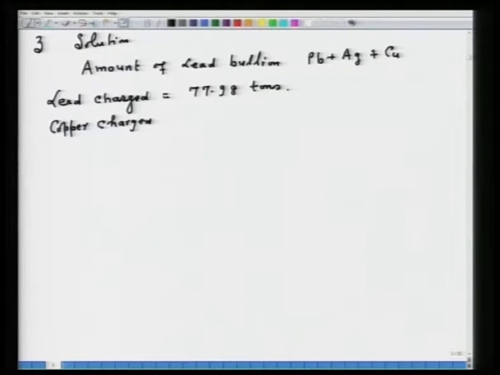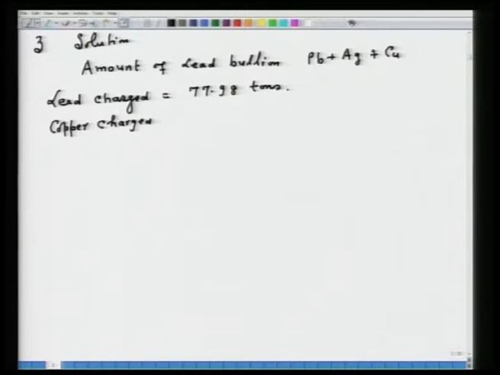Now, copper charged. Again you have to look at the sources of copper, from where it is entering into the furnace. The only source is cinder, which contains 2% copper sulphide, and cinder is 50 tons, and another source is sinter also. So, you have to take into account the copper from all sources entering into the system.